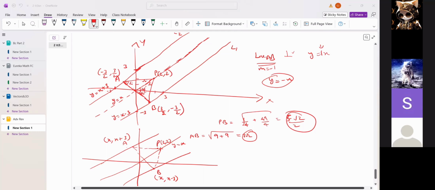Are you sure? To get 2 plus root 3 comma 2 plus root 3 as centroid, or 2 minus root 3 comma 2 minus root 3 as centroid. So 2 plus root 3 comma 2 minus root 3 is the centroid, sir. Now 2 plus root 3 comma 2 plus root 3, or 2 minus root 3 comma 2 minus root 3.